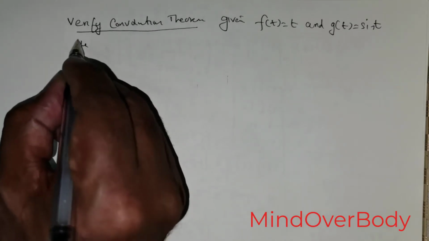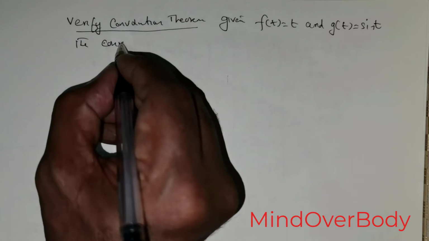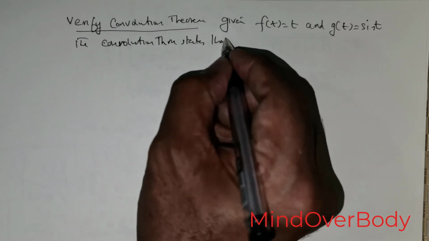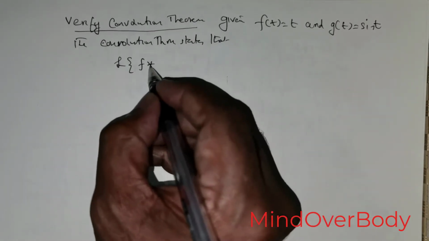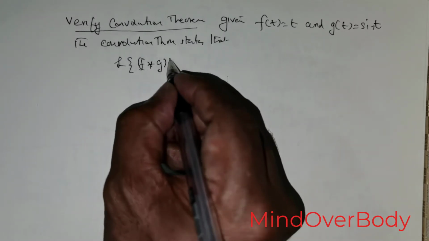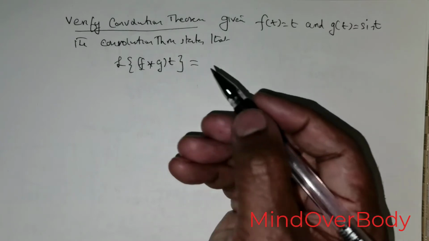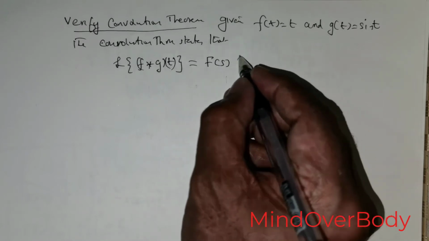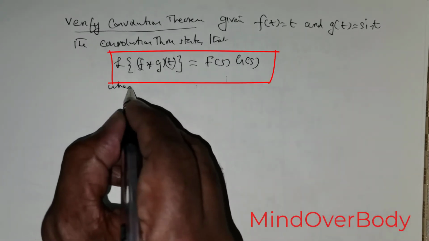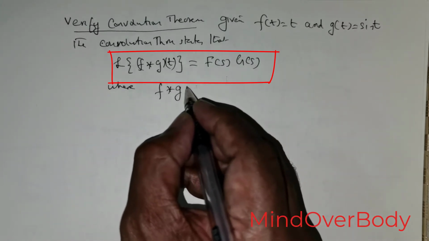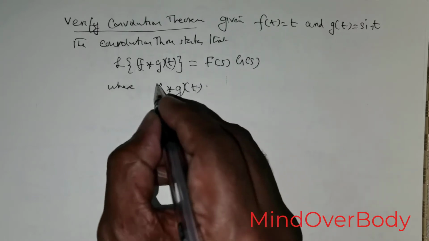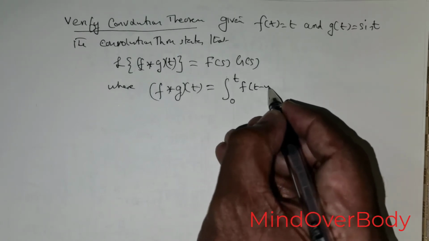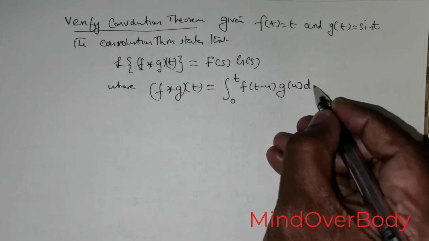So the convolution theorem states that the Laplace transform of f star g of t is equal to capital F of s multiplied with capital G of s, where the convolution f star g of t is written as the integral from 0 to t of f of t minus u times g of u du.